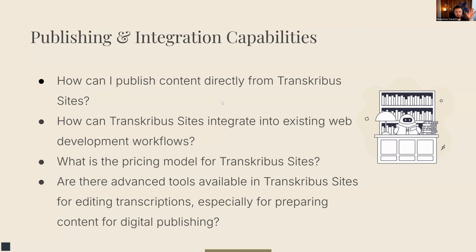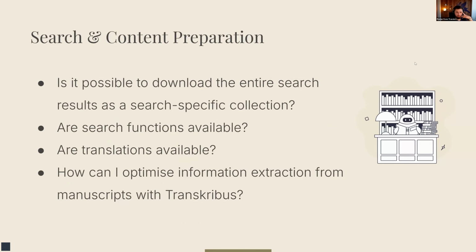We have some questions prepared. As always with the webinars, we try to answer these questions during the webinar. So that's just the questions that were raised beforehand. We hopefully were able to answer most of them. You can also find them in the PDF that we shared. Most of them, there are some more specific ones which are not to be answered very easily, like how can I optimize information extraction in the context of Transkribus Sites.